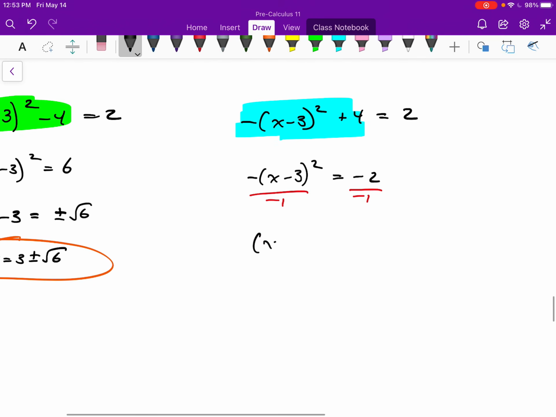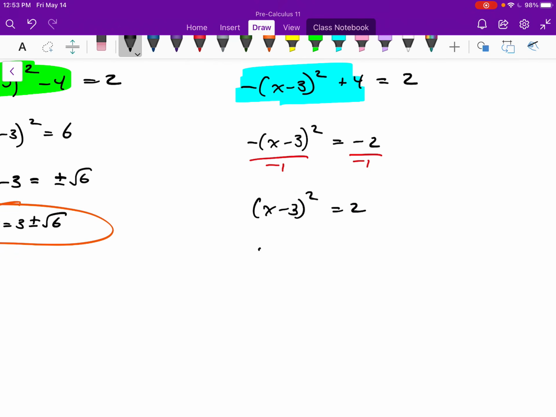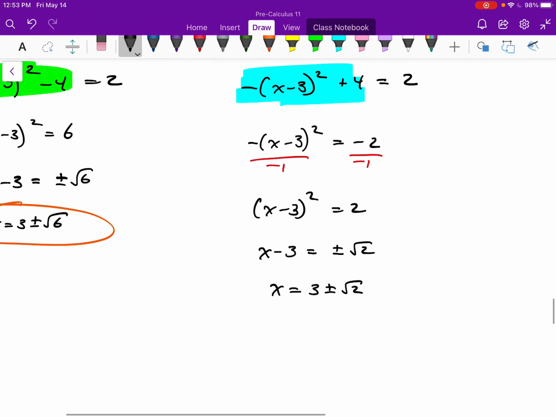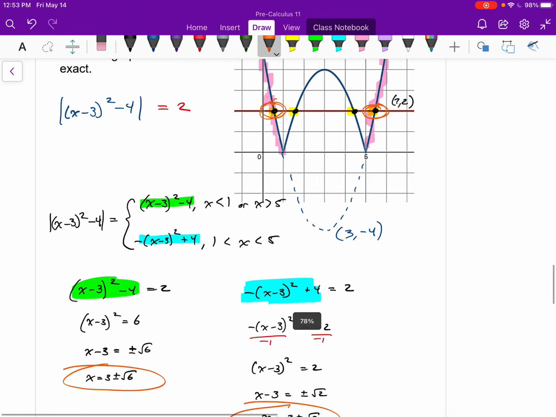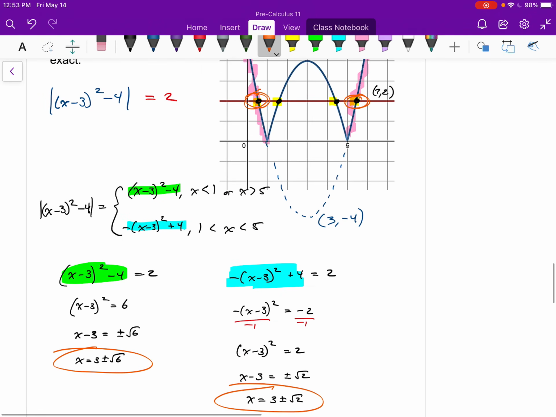However we look at it, it's equivalent to this. (x minus 3) squared equals positive 2. Now I'll square root both sides. x minus 3 equals plus or minus root 2. And then I'll add 3 to both sides. x equals 3 plus or minus root 2. And those are my other 2 solutions, which again, I don't need to check my restrictions because I knew right from the very start of this question I was going to have 4 solutions. These 2 solutions I'm circling now in red. So those are all the exact x coordinates.